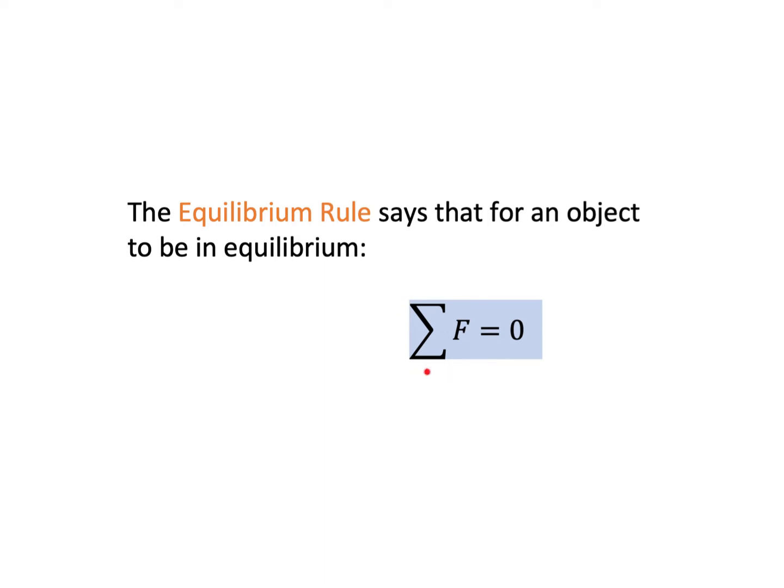And so this means add up, F stands for force, and so this says add up all the forces and you get 0. That's the condition necessary for something to be in equilibrium. If you add up all the forces, you get 0. Another way of saying that is for something to be in equilibrium, the net force is equal to 0.